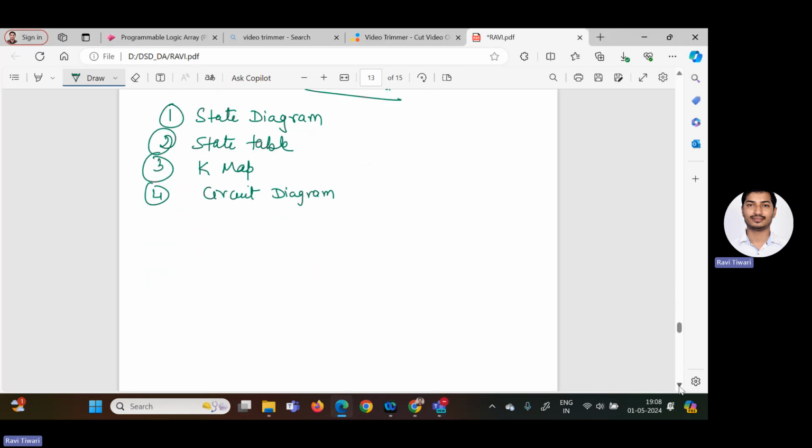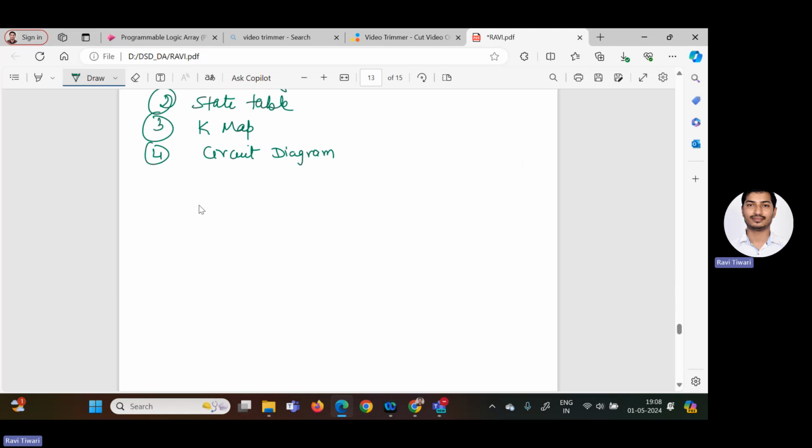As we are designing the down counter, it will count in the downward direction from 7, 6, 5, 4, 3, 2, 1, 0, again 7, right? So how to draw the state diagram? It's simple like this only, but in the binary form. So 7 will be represented in binary as 1, 1, 1. Then the next state will be 1, 1, 0.